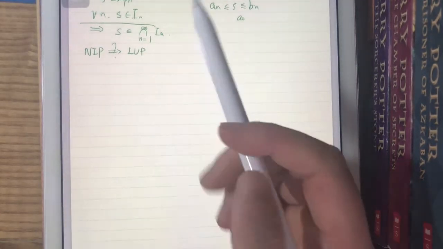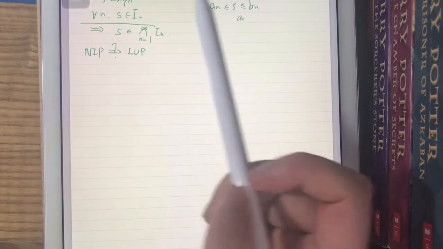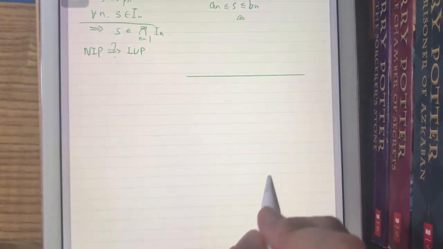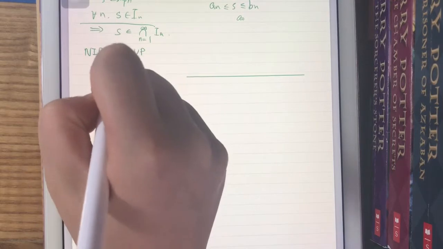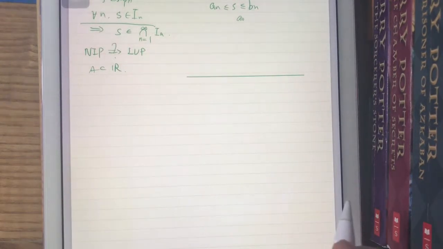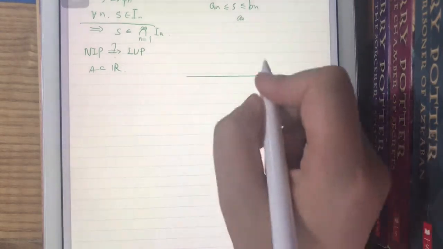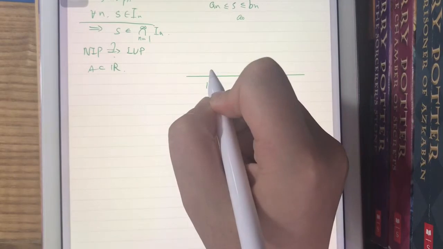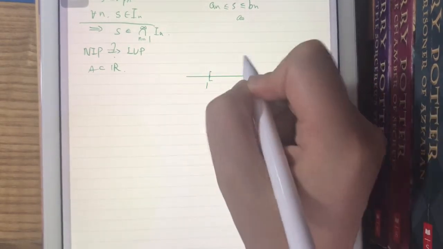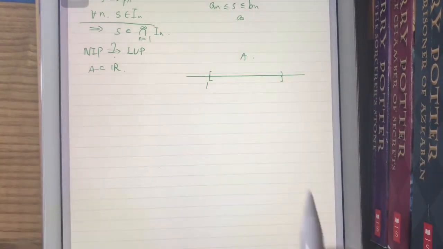Okay, so we'll say we have a set A. A is contained in R, and we choose the first interval. We'll say A is like here. This is A, and we choose the first interval.